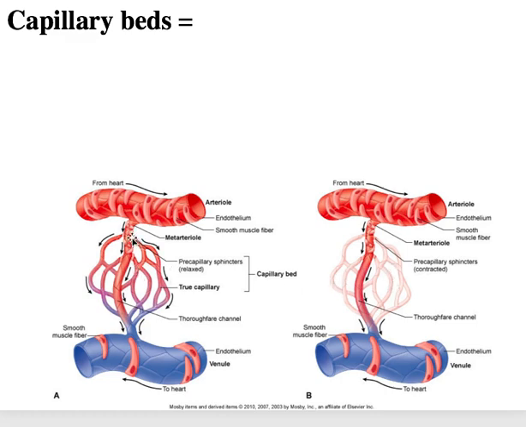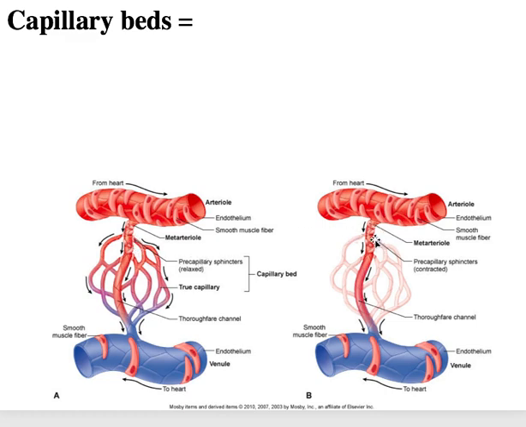These structures here are called precapillary sphincters. This is the first time you're coming across a sphincter, but we'll be talking about these a lot in semester 2 of A&P. A sphincter is a ring of muscle that basically can squeeze a tube shut or relax and allow a tube to open. So on the left-hand side, the precapillary sphincters are open and relaxed.